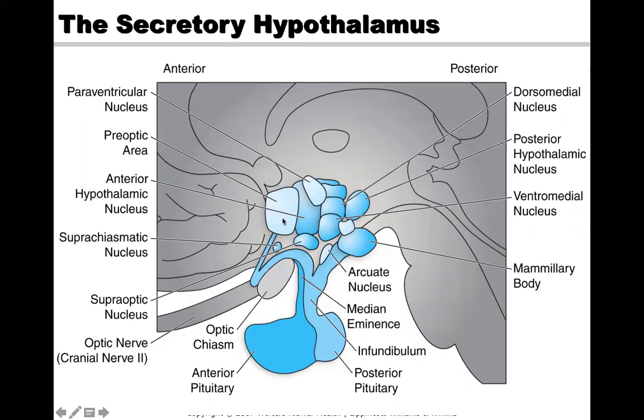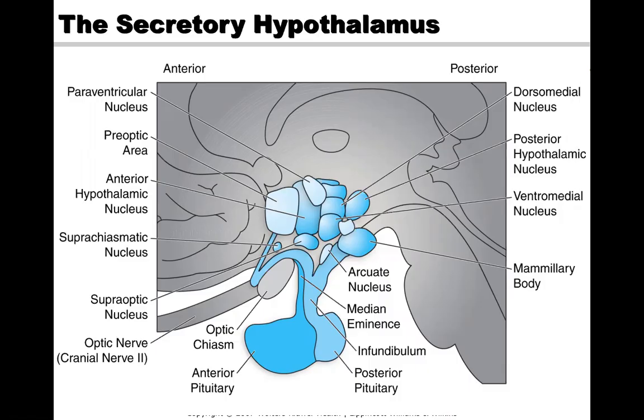The hypothalamus is connected to the pituitary, which is a master gland, through a stalk-like structure known as the infundibulum. The hypothalamus pretty much controls the pituitary, and hence the hypothalamus is considered to be a neuroendocrine gland or organ.